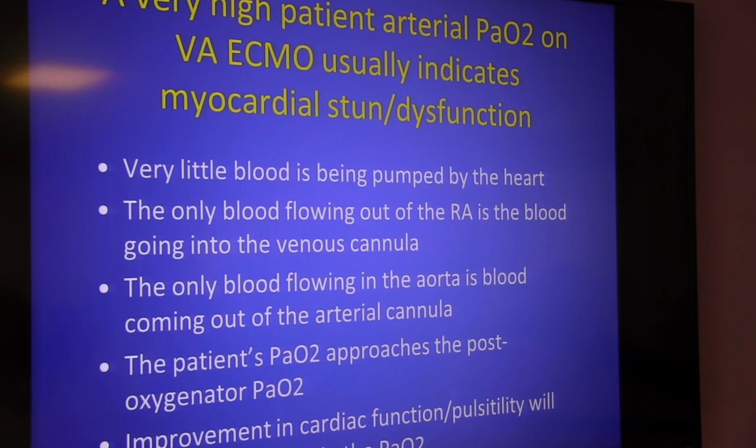So if the heart is not working, the ECMO circuit will take up more of the blood. So you have a higher proportion of blood with a PaO2 of 250, and the heart's not putting very much through.